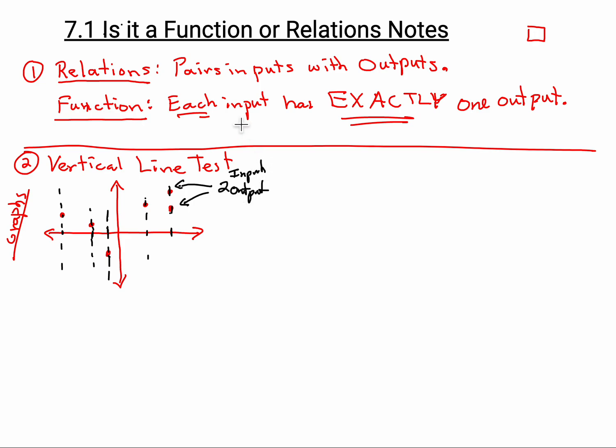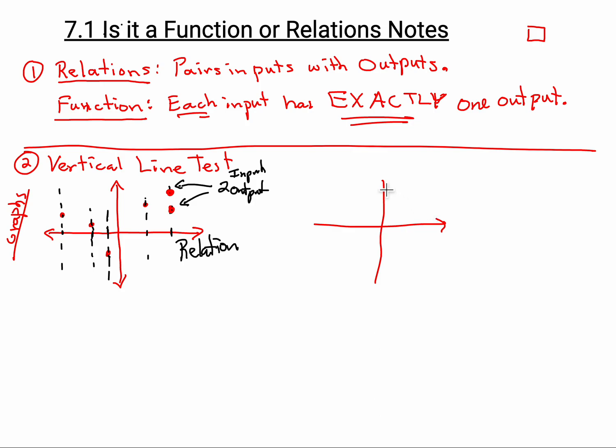So that means it's not a function anymore because it needed to only have exactly one output. So that means this is a relation because of this spot right here where these two points, that input had two outputs. So now let's take a look at the second graph.